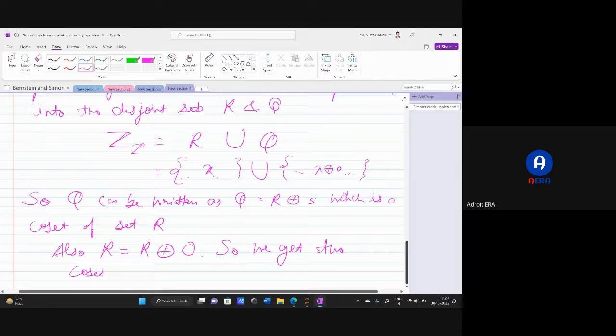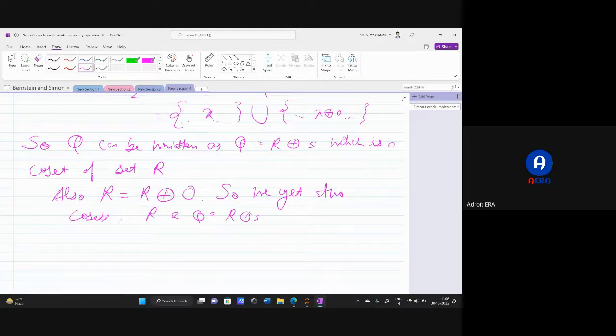So R is equal to R XOR 0, and we get two cosets, two complementary sets: R and Q equal to R XOR s. Now consider an element x which belongs to one of these cosets, R. Since R and Q are complementary, element x belonging to R has a unique partner in Q.